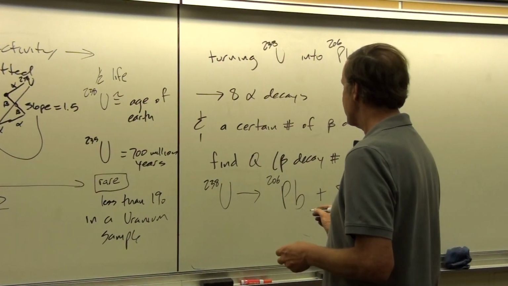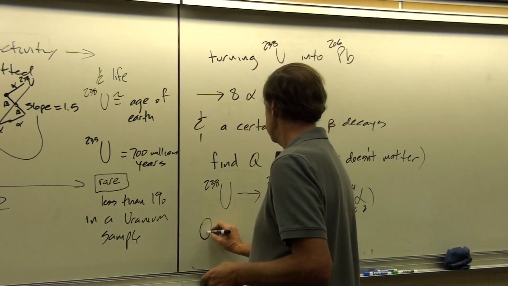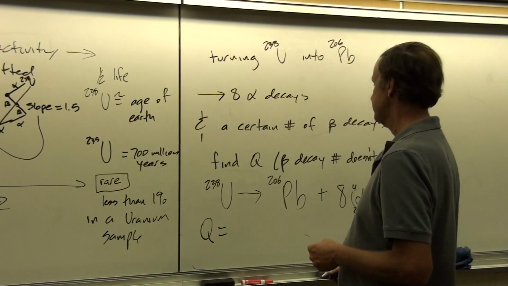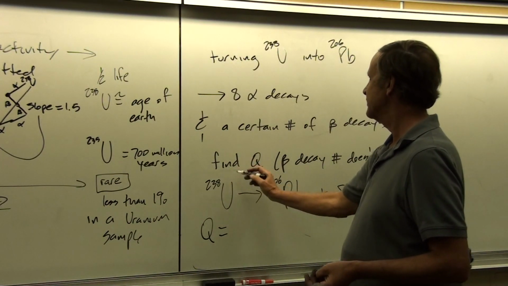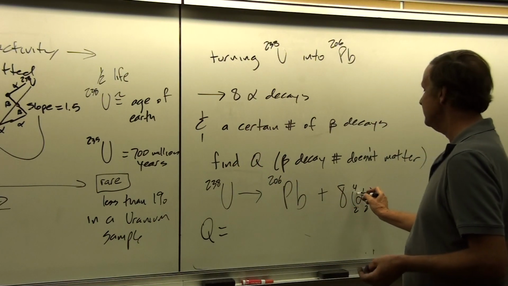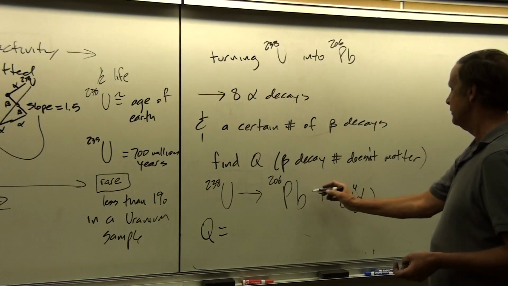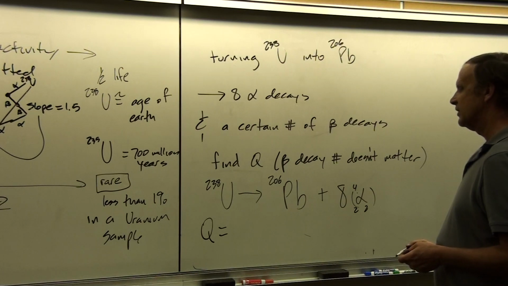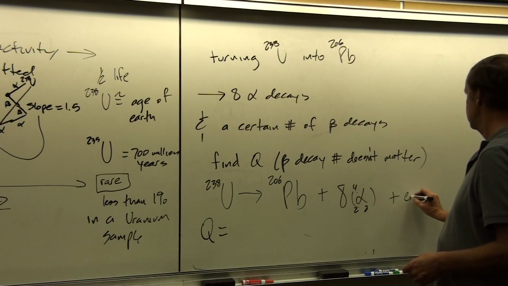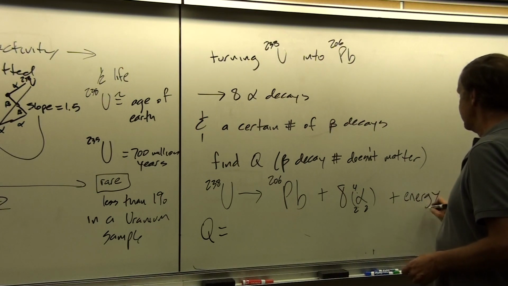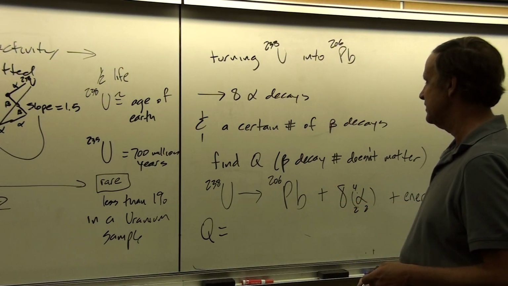And so in this process, the Q would be equal to, now which one has more mass? Well, the uranium is going to have more mass because when these particles result from the decay of uranium, that's going to give off energy. And so that energy then is related to the Q value.